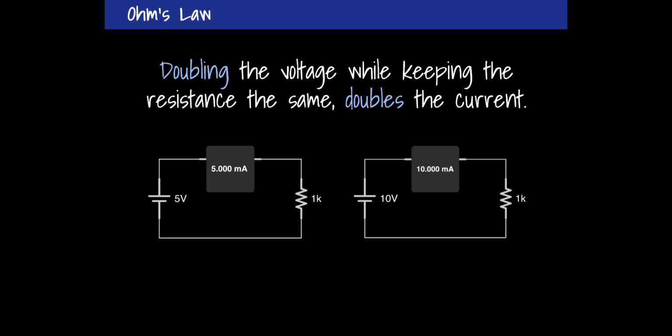But I've got 5 volts. I got a 5-volt battery, and I connected it to 1,000 ohms of resistance. And then I put my meter in there, and I see how much current that gets me. And the meter says 5 milliamps.